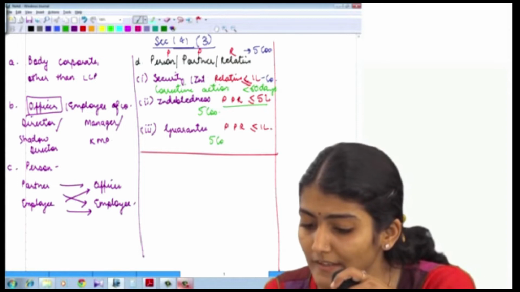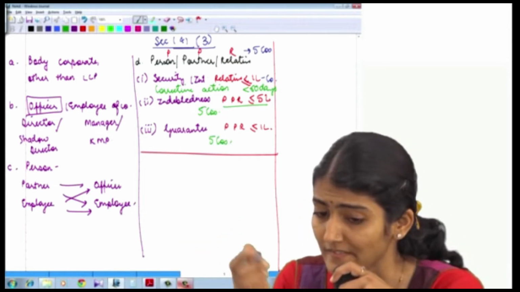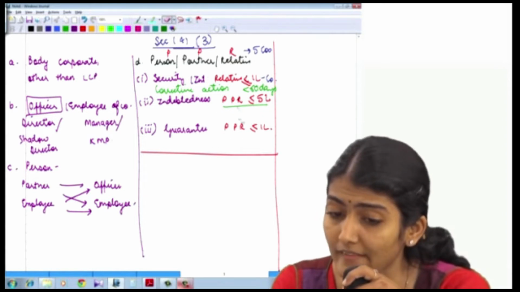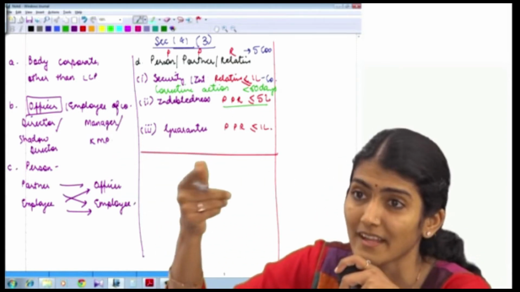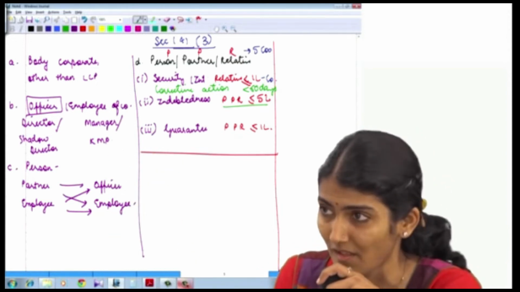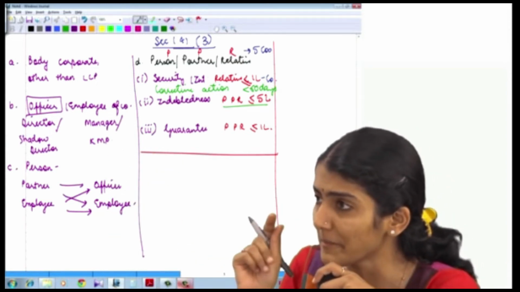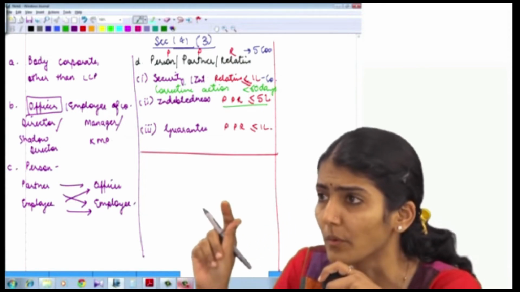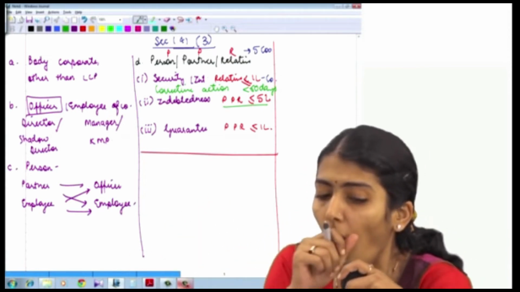And here also guarantee is also for all the 5 companies. And security interest is also for all the 5 companies. But only the exception is only for the company in case of security or interest. Does everybody understand what I am telling you? The exception for the relative is only in the company.